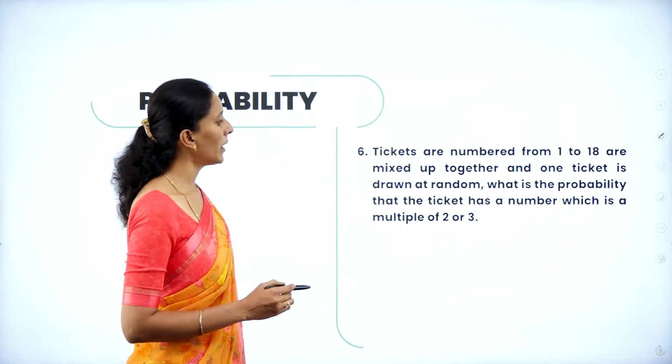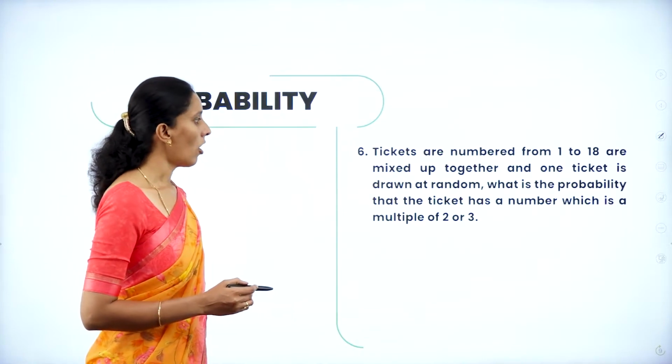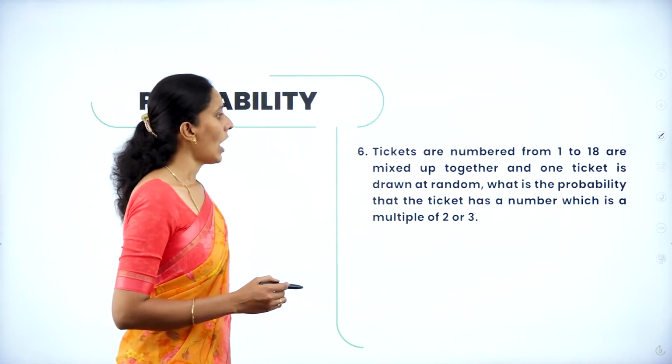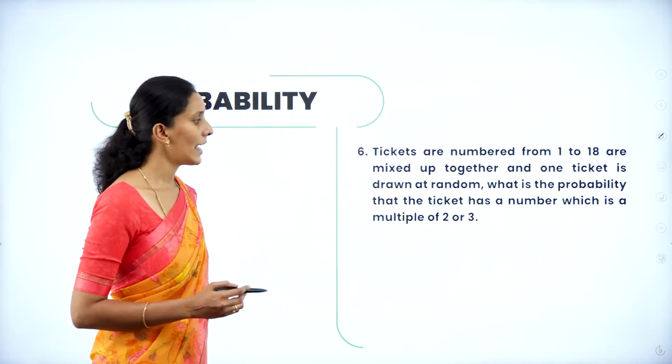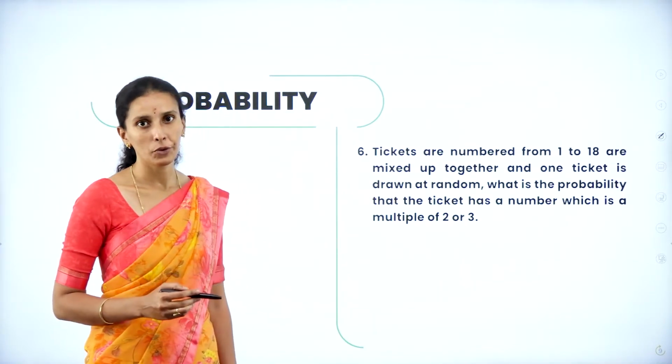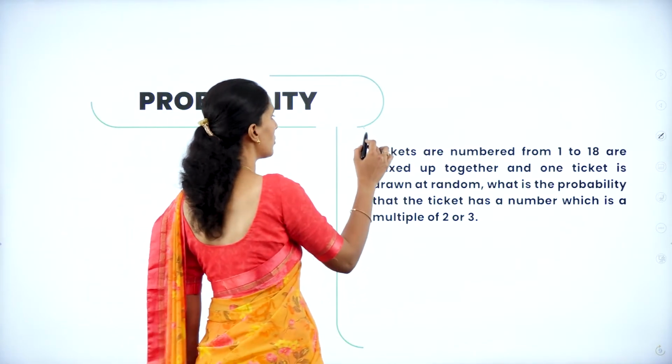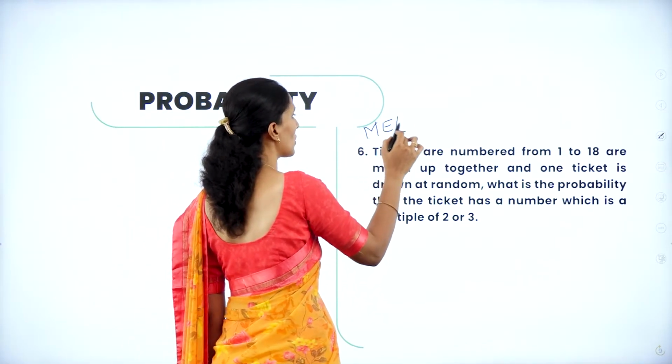Tickets are numbered from 1 to 18 and mixed up together, and one ticket is drawn at random. What is the probability that the ticket has a number which is a multiple of 2 or 3? Here we are going to use the concept of mutually exclusive events.